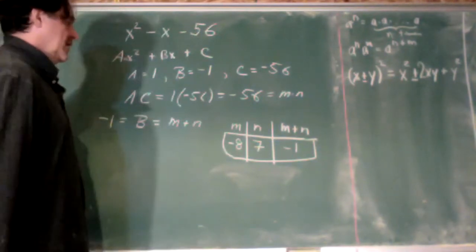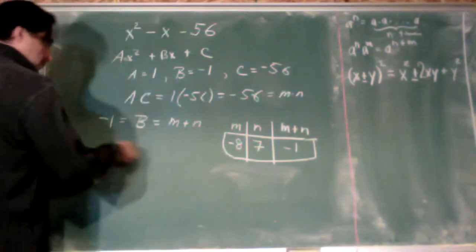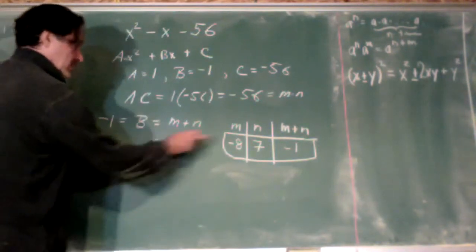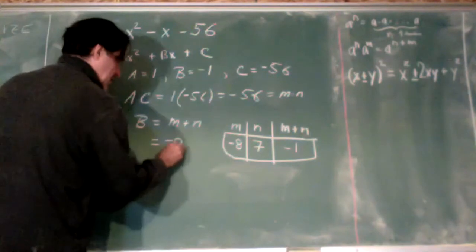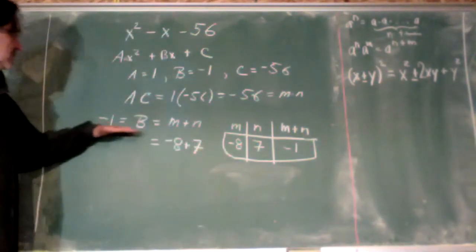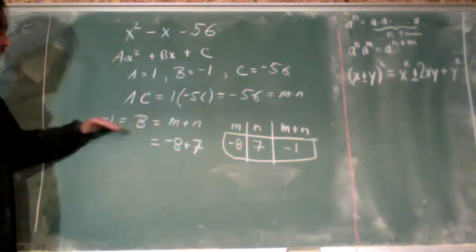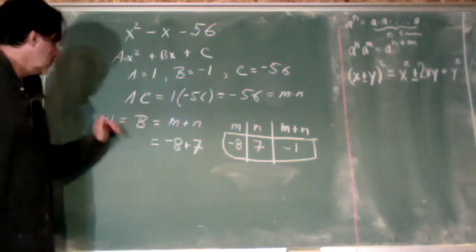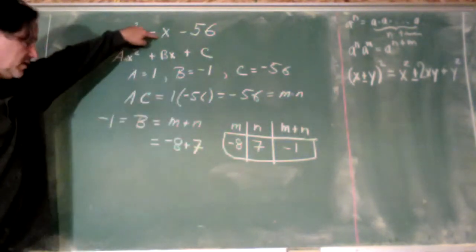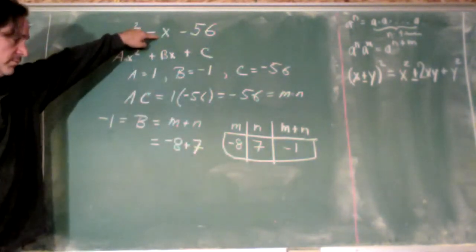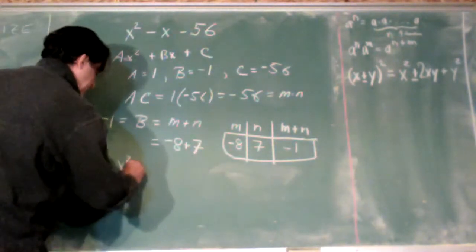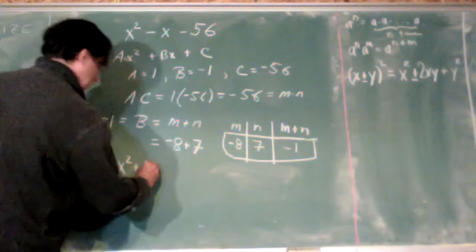Now we're going to find that factorization by using the fact that we've seen that b, -1, can be expressed in the form -8 plus 7. We replace the expression for b, -1, with the expression -8 plus 7 in our original equation. So again, let me be a little bit pedantic but careful.